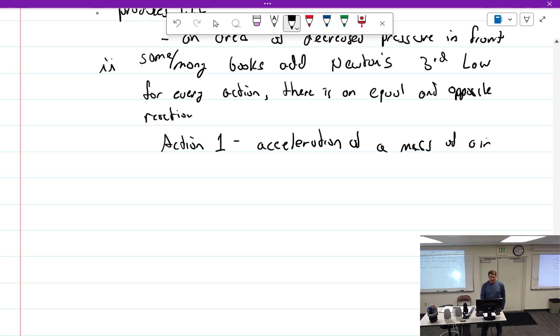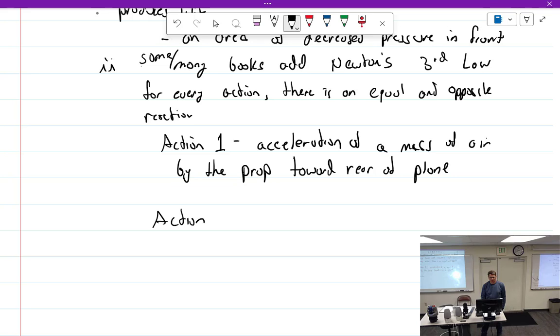Acceleration of mass of air by the prop toward the rear of the airplane. So action two then. The blade moved a mass of air backwards, therefore, okay, the plane is pulled forward.